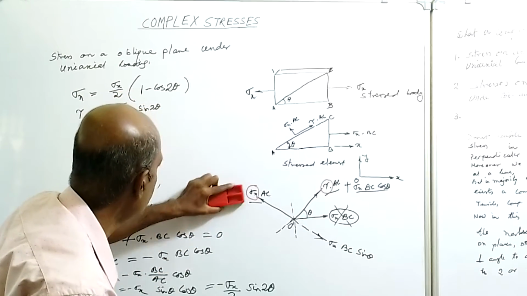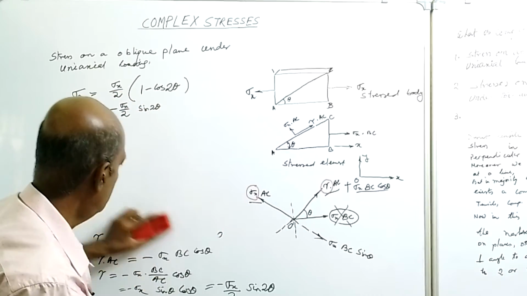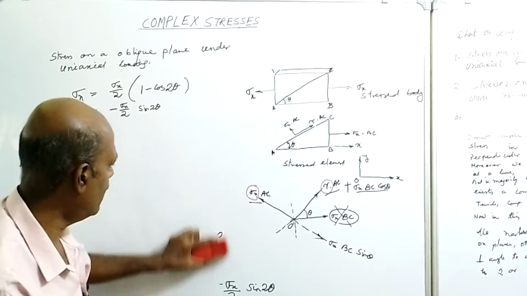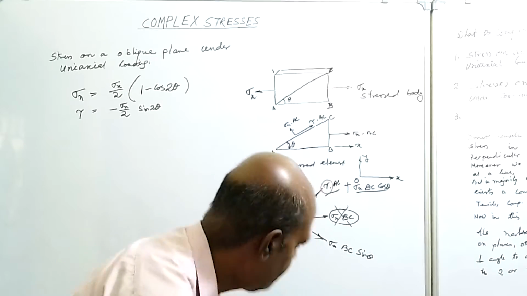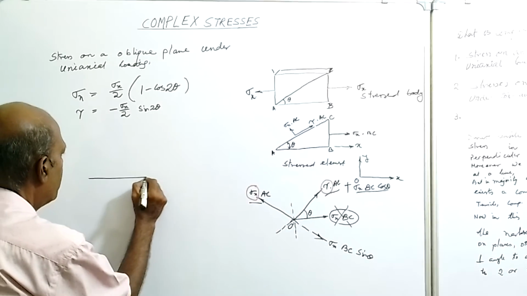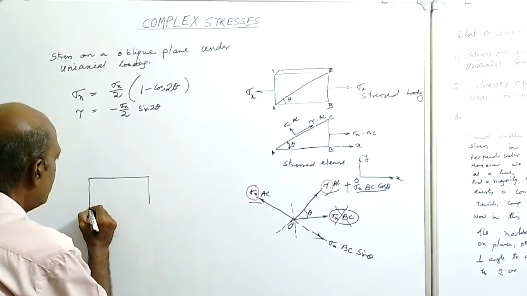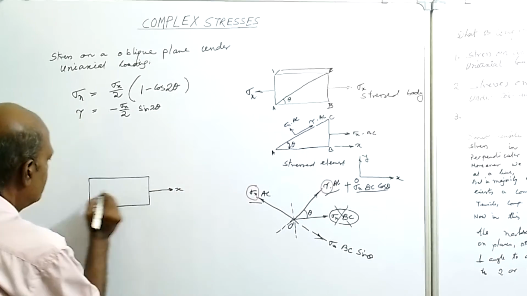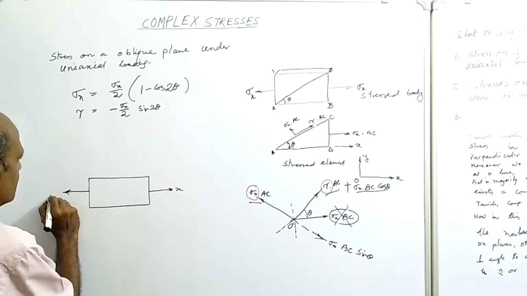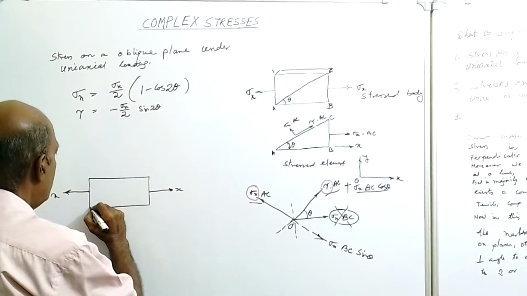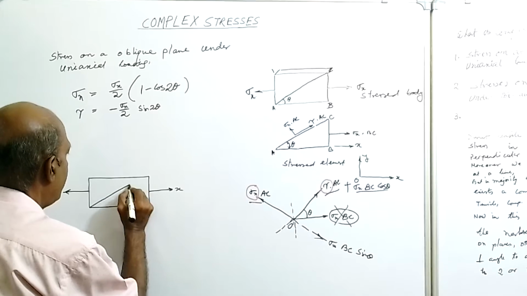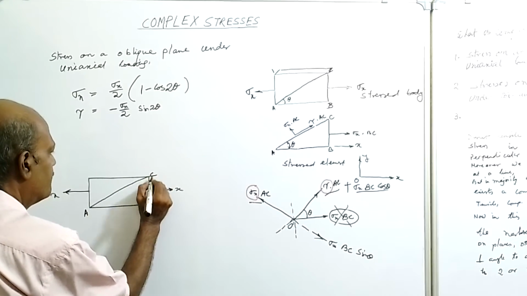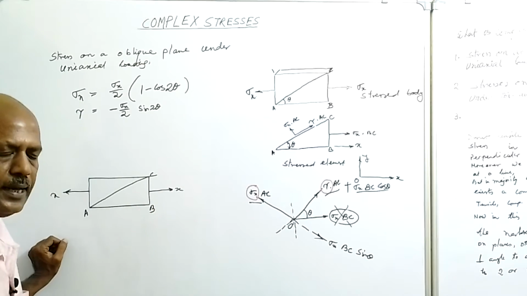Okay, I am removing this. Now we have seen the stressed body in which stress was acting only along the x direction, and we took one inclined plane, AC.